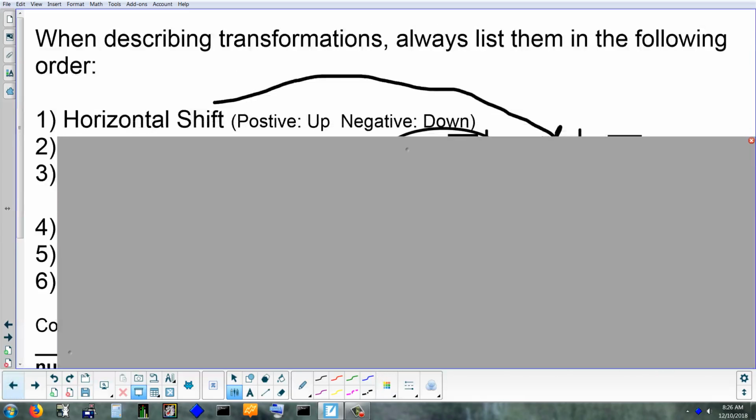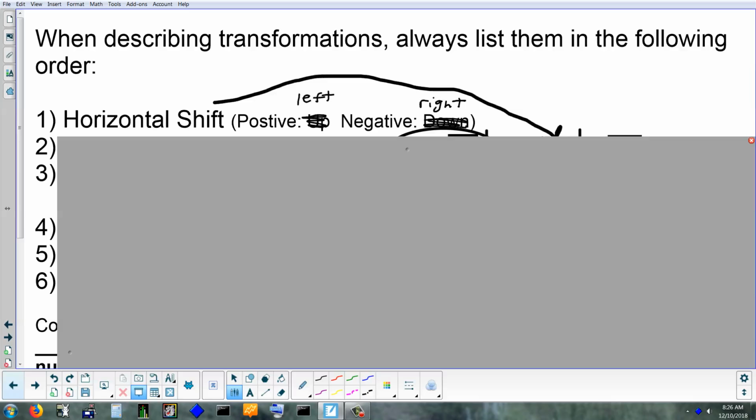But positive would be, should be left. So positive would be to the left. Yes. I always have to think about it because it's always backwards. So when you see me pointing, I'm thinking in my head. And then negative would go to the right. Inside, opposite. So you got your horizontal shift.